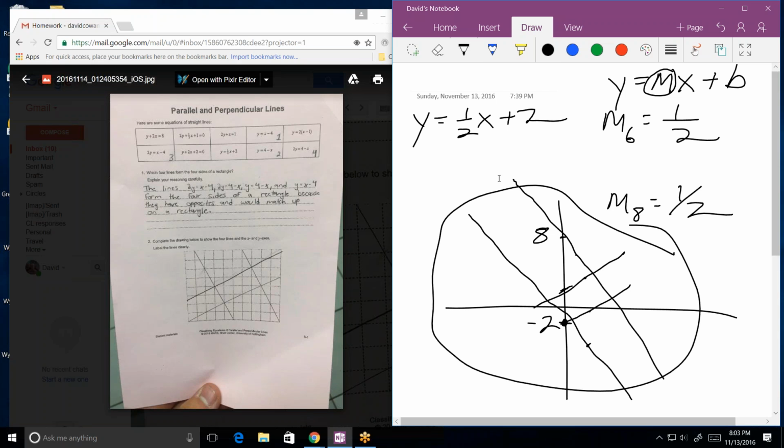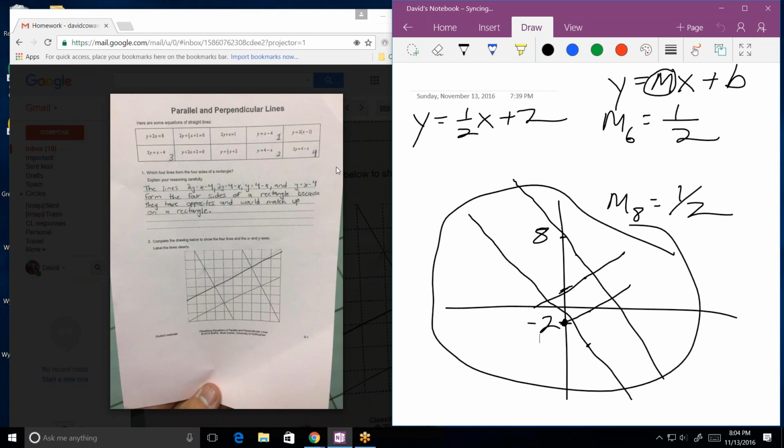If one slope is plus 2, then the perpendicular has to be minus 1/2. And we found 4 lines like that, where we had 2 lines that had the same slope and 2 other lines that had negative reciprocal slopes. That's why we were able to identify which 4 lines. And those were the only 4 equations that fit our requirements, which is to have 2 slopes that were the same and 2 slopes that were the negative reciprocal of the first one.